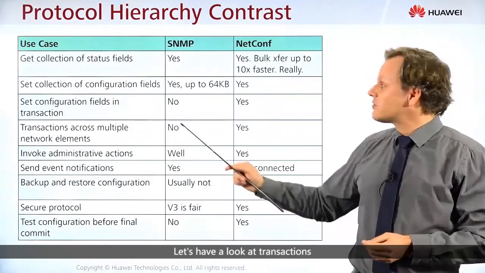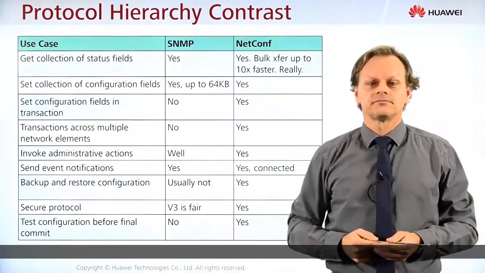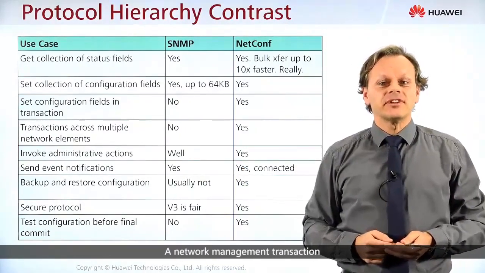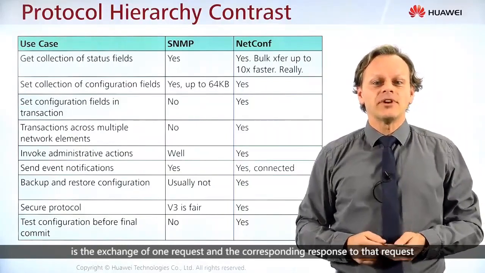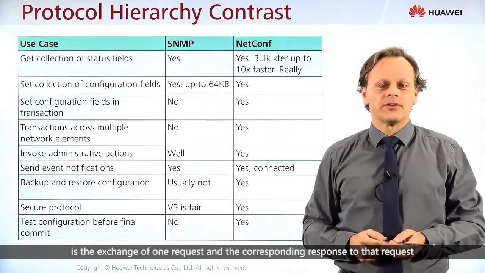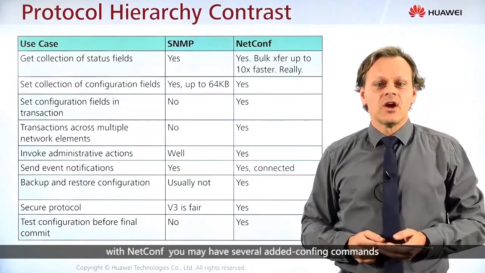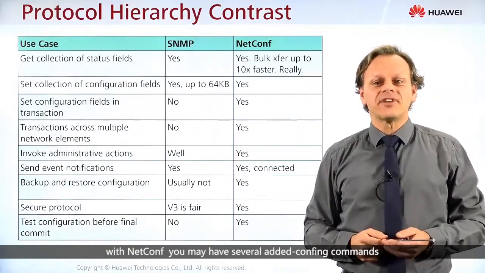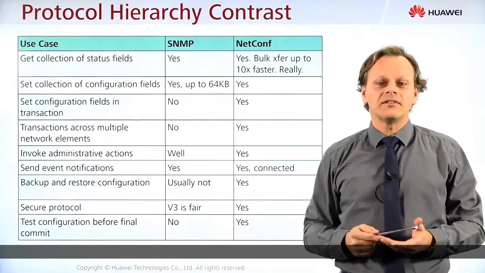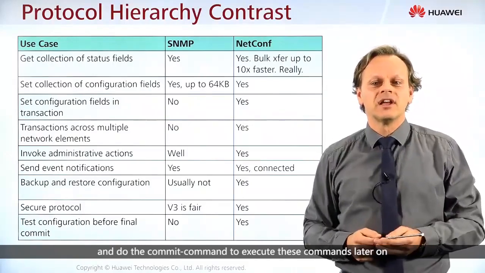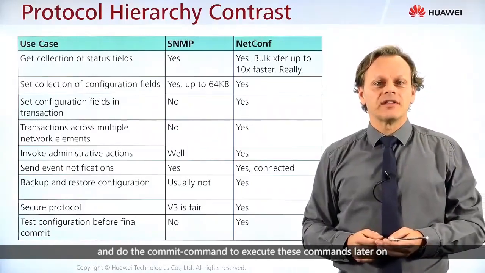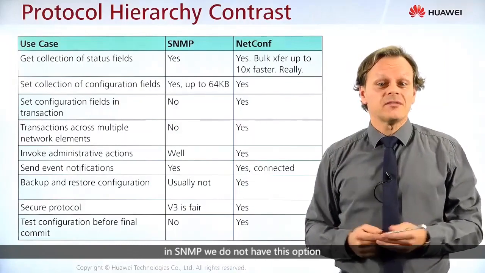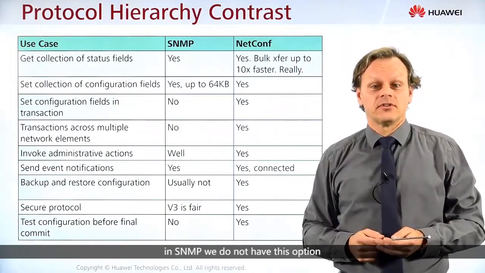Let's have a look at transactions. A network management transaction is the exchange of one request and a corresponding response to that request. With Netconf, you may have several edit-config commands and do the commit command to execute these commands later on. In SNMP, we do not have this option.